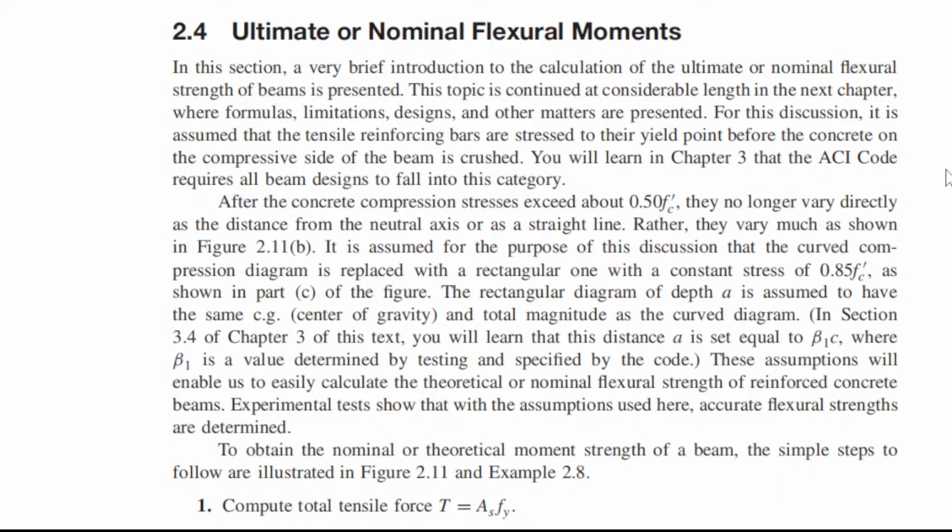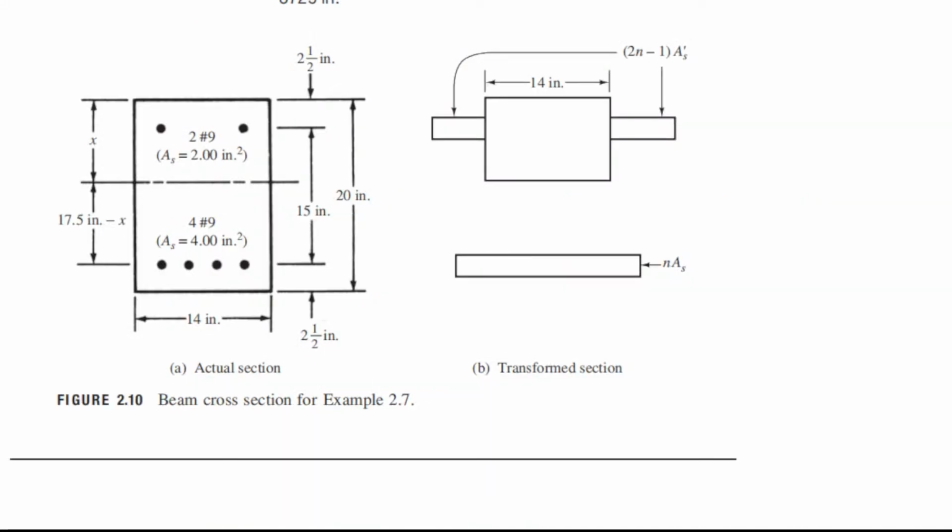I will show you the same figure here. This is the tension side, and this is the compression side. These bottom steel bars are what we call tension steel bars.